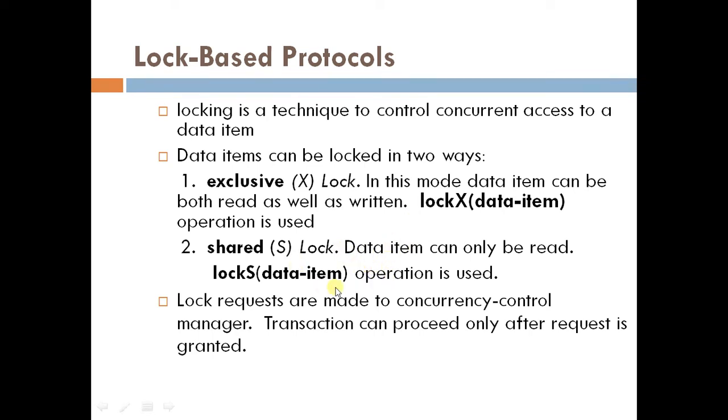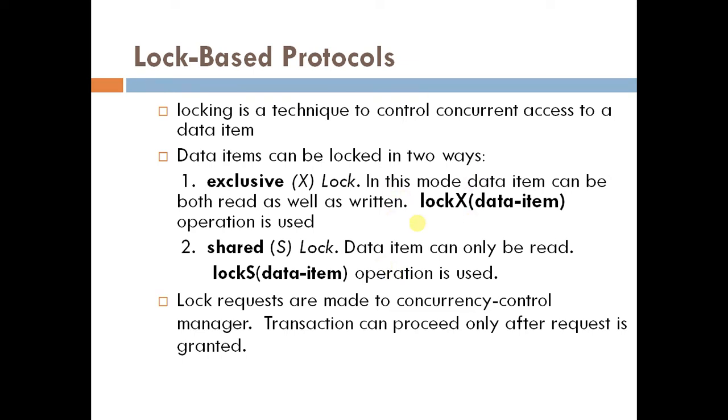As you can very well understand, if we are only reading a data item, then another transaction which wants to read the same data item can be granted the shared lock again. That is why it is named the shared lock. So it means that if a data item is locked as shared, multiple transactions can apply a shared lock on it.